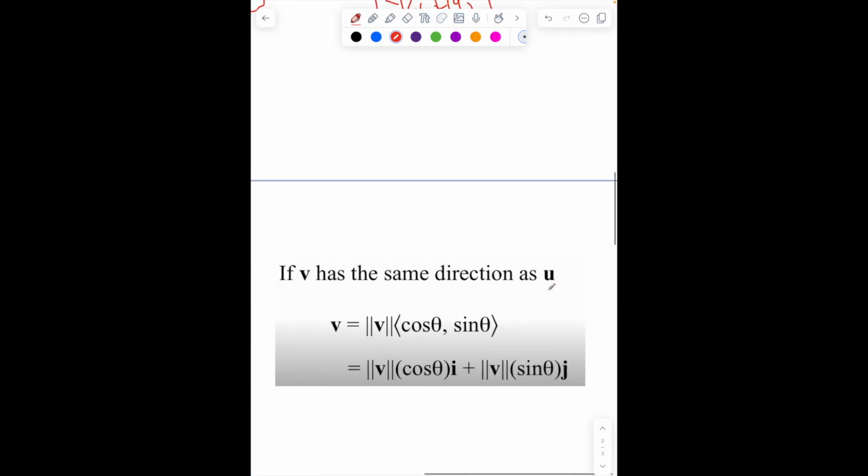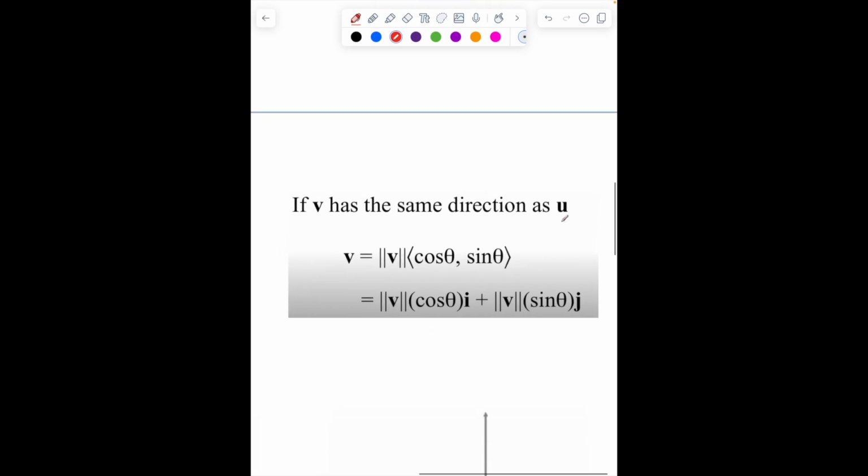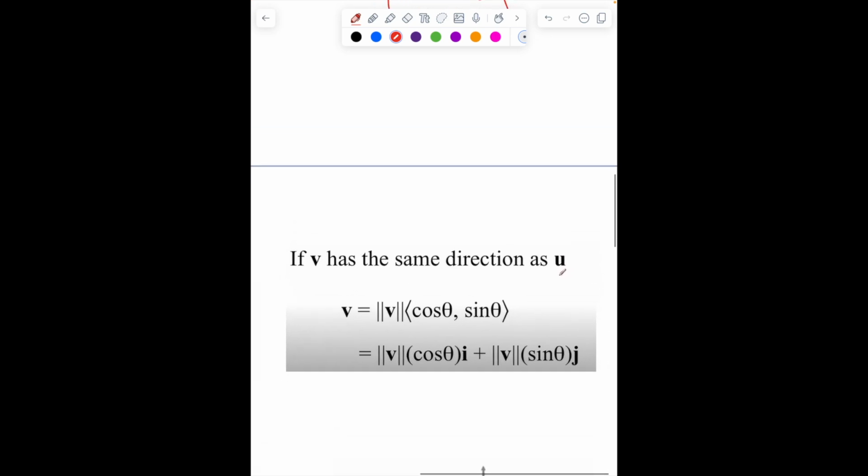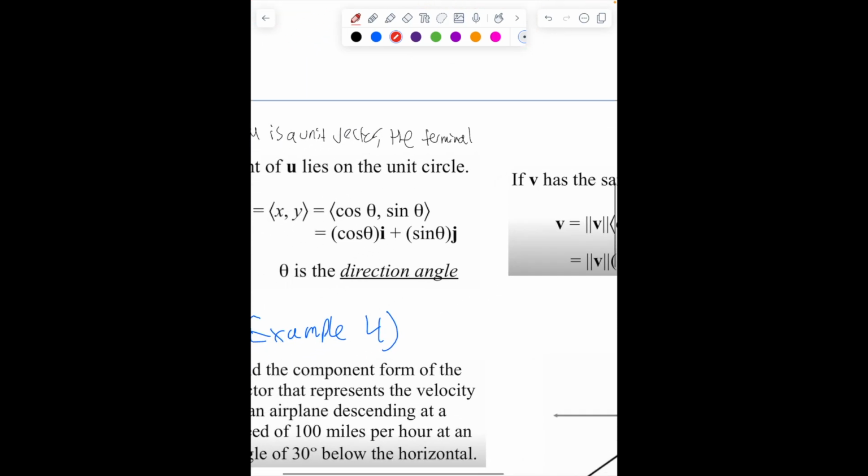If v has the same direction as u, we can find the magnitude, input cosine and sine, use the distributive property, and then write it in that linear combination form that we're used to. So let's try an example of that.